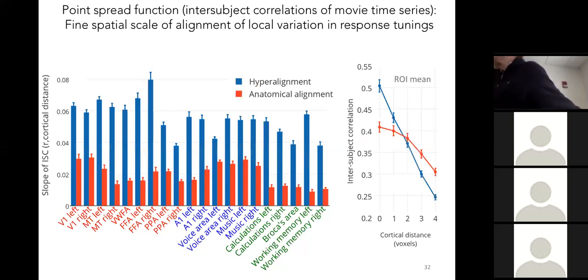And by contrast with the hyperaligned data, the neighboring vertex has a tuning function that has a much lower correlation with the index vertex than the index vertex in other subjects. So this suggests that we're aligning the functional data at the level of the single voxel, 2.5, 3 millimeters.